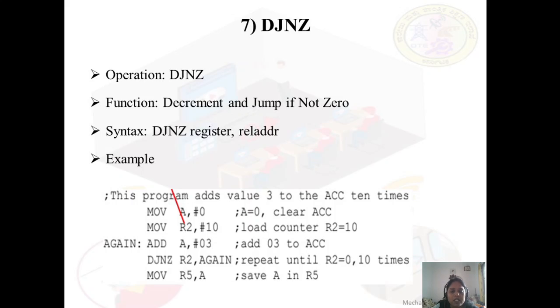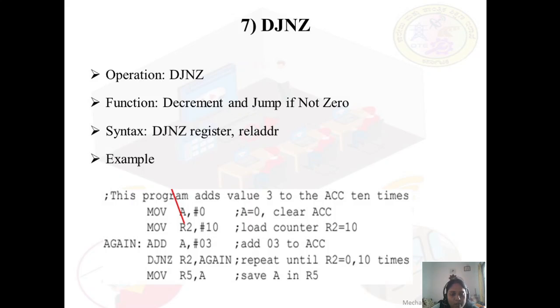Okay, DJNZ R2, again. In R2 you have the value 10. So decrement and jump if not 0. So here R2 is 10. If you decrement, it will become 9. It is not equal to 0. So if it is not equal to 0, then it has to jump to again. Again means it will come here.